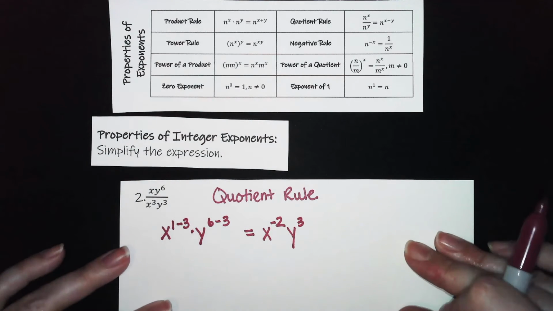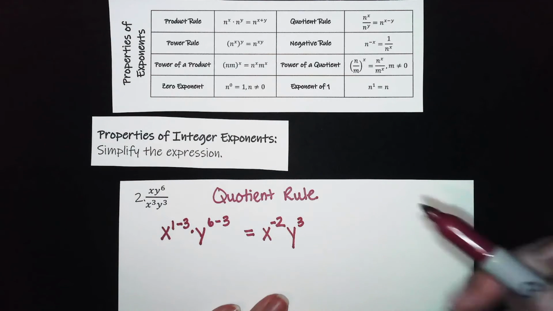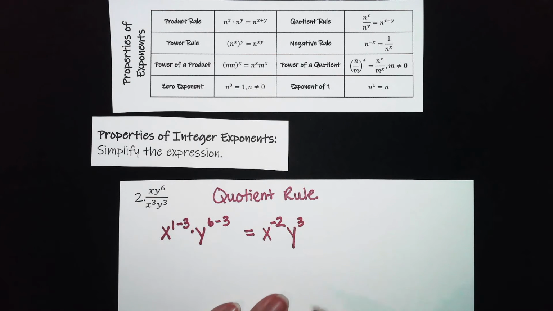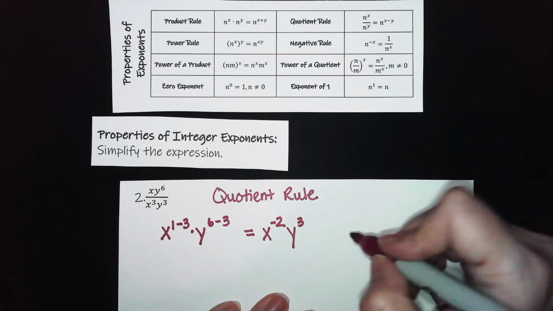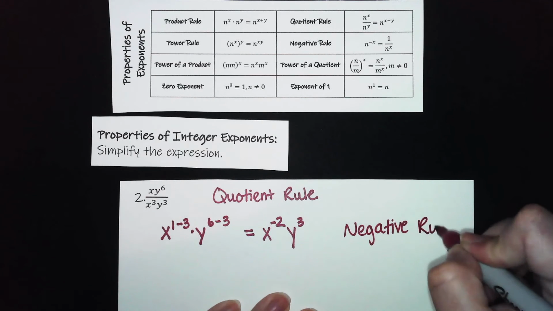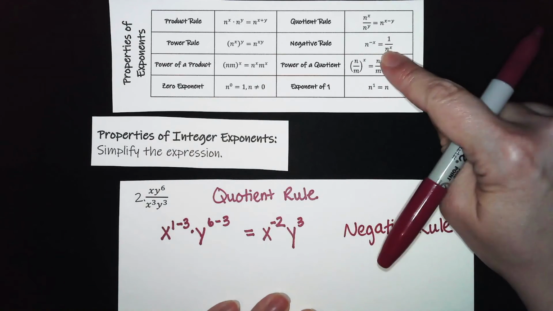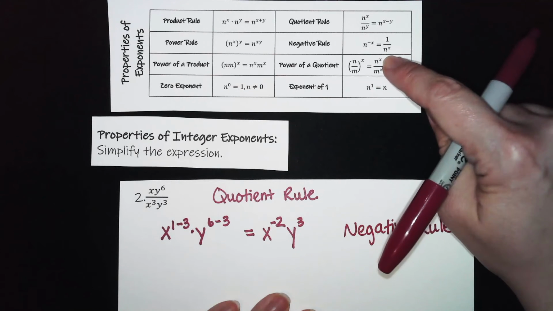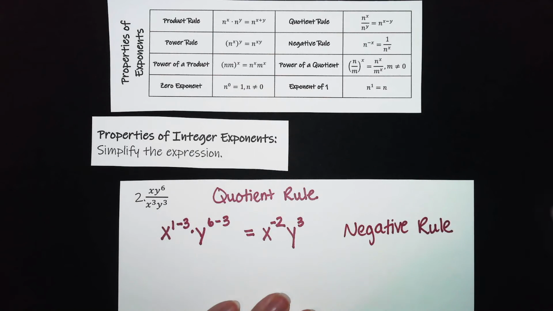Okay, normally I would say, okay, I'm done, but I'm not. I am down to just having one x and one y, but I can't have a negative power. So we've got to use this negative rule. Right here, it says if it's in the numerator, then I'm going to move it to the denominator, and now it's no longer negative.